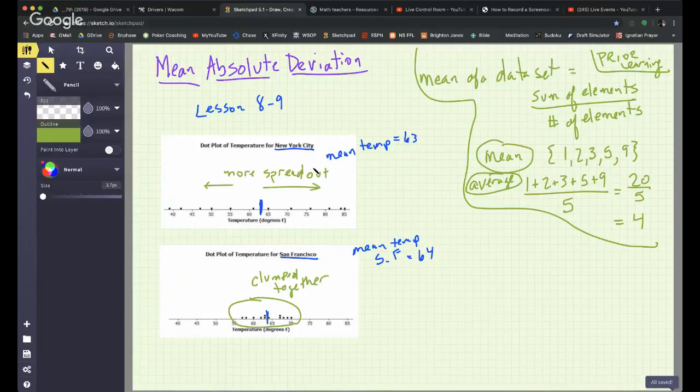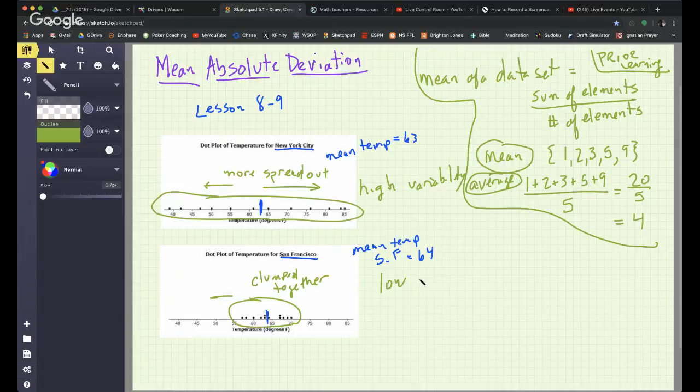So if I told you the average or the mean temperature in a city was 63, you wouldn't really know whether you were getting this high variability or this low variability. This is a high variability, and this is a low variability. And we can see that.